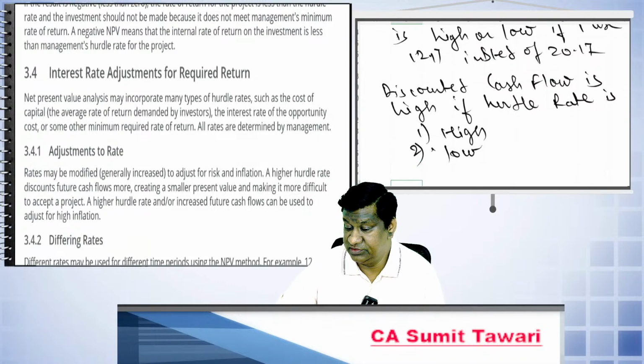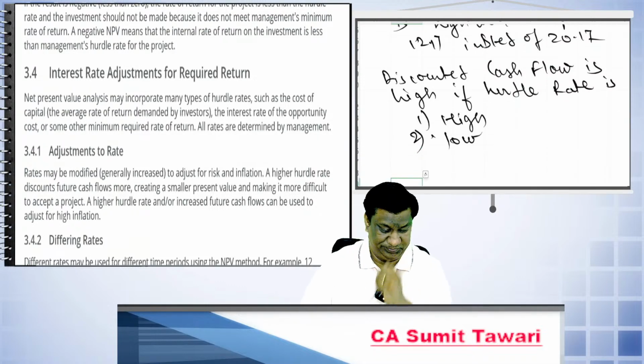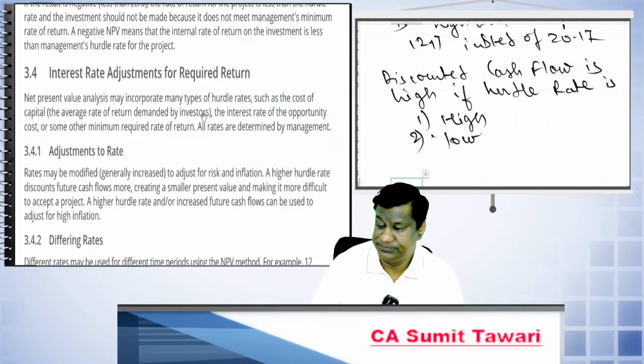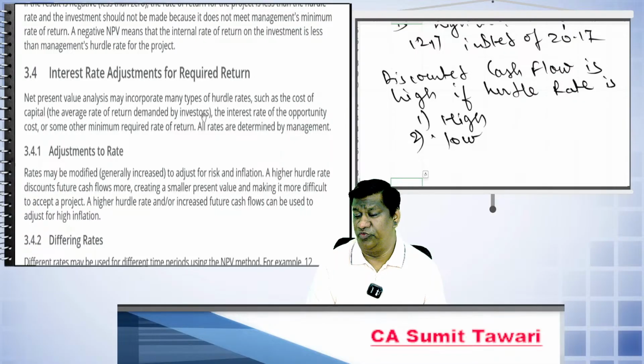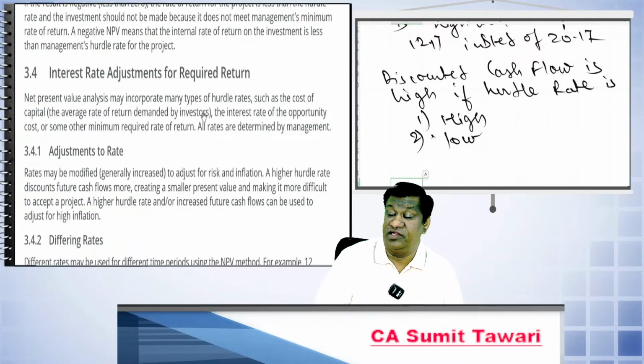Can you guess? Maybe it is right, wrong, no problem. Whether it is high or low. Or is discounted cash flow directly proportional to hurdle rate or inversely proportional to hurdle rate?